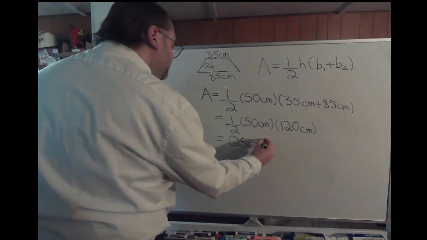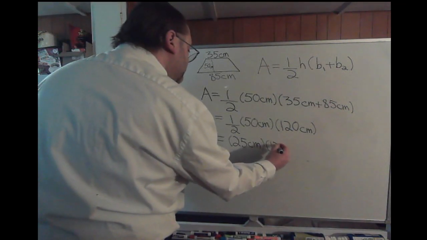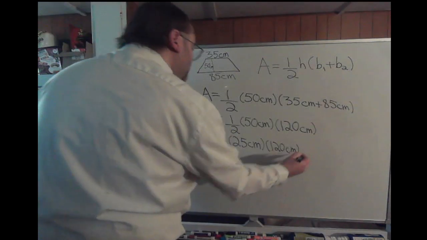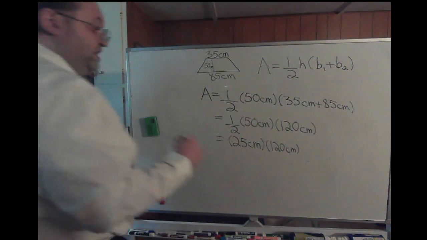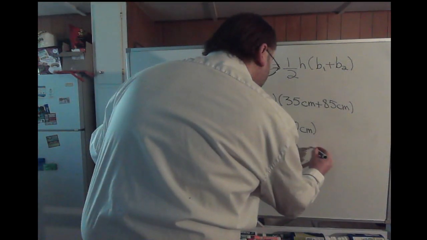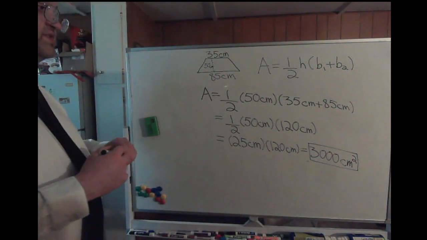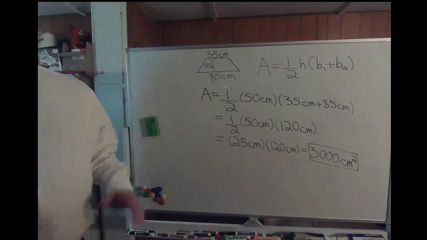You'll have 25 centimeters times 120 centimeters, which, if you multiply 25 times 120, you'll get 3,000. And centimeters times centimeters is centimeters squared. So the area of this trapezoid is 3,000 centimeters squared.